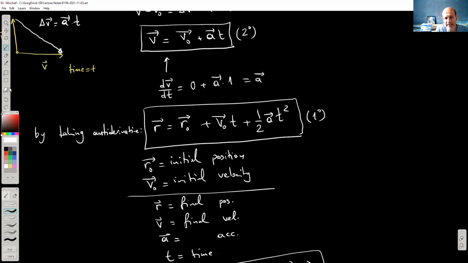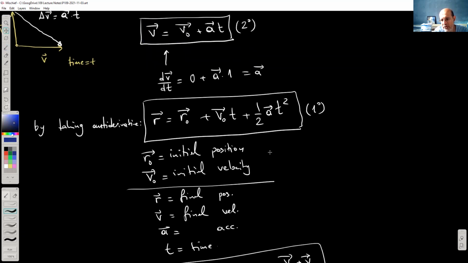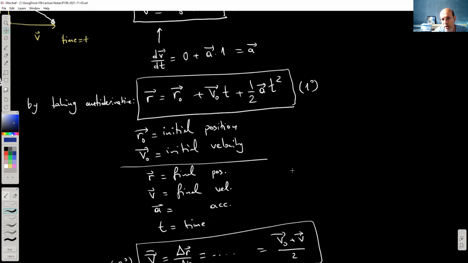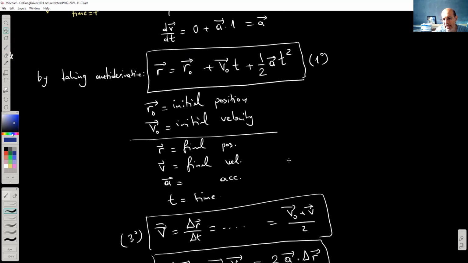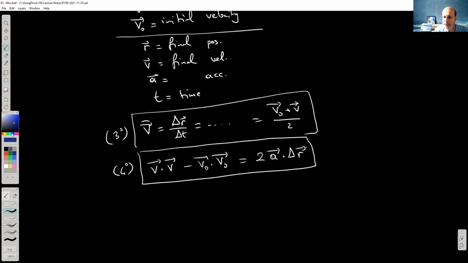The only difference in here is that all of these quantities in here are vector quantities. So as a result, these three equations, 1, 2, and 3, these are vector equations. The fourth one is a scalar equation because somehow it involves the dot product of two vectors in it. Okay. So as a result, the three-dimensional kinematics is the same thing as one-dimensional kinematics.